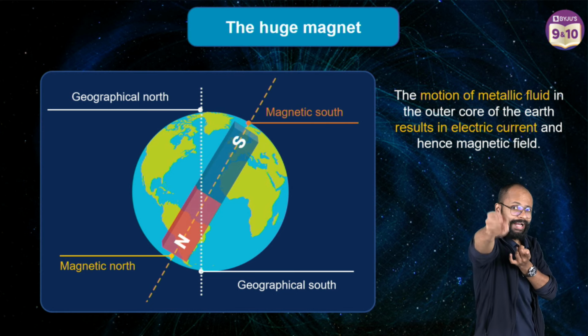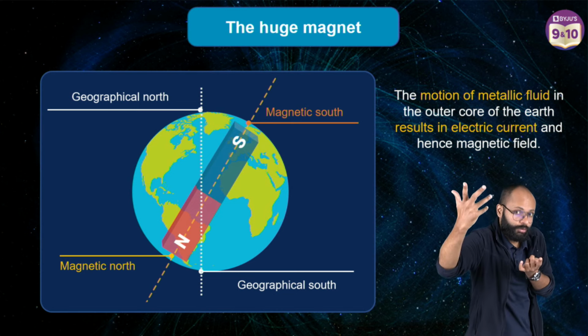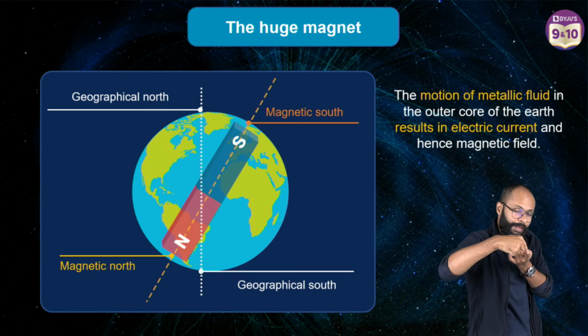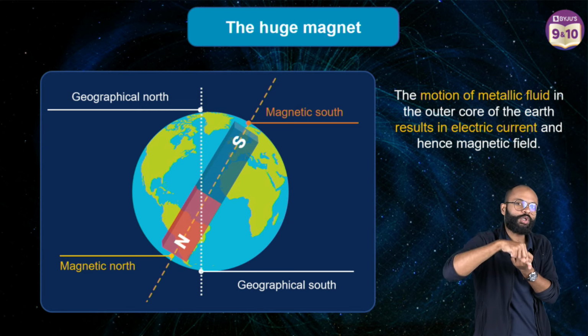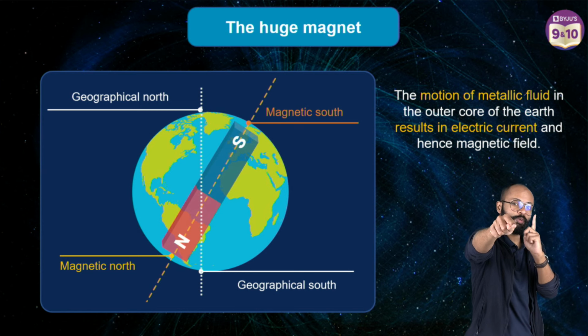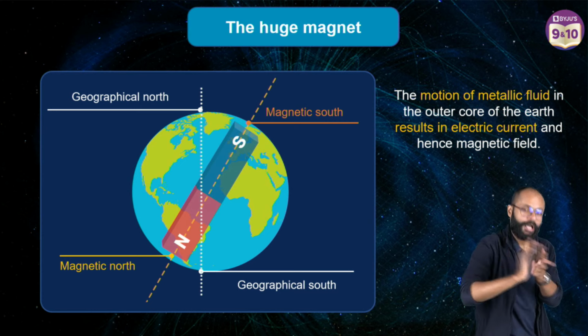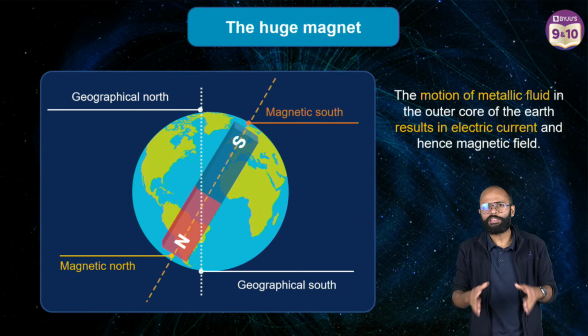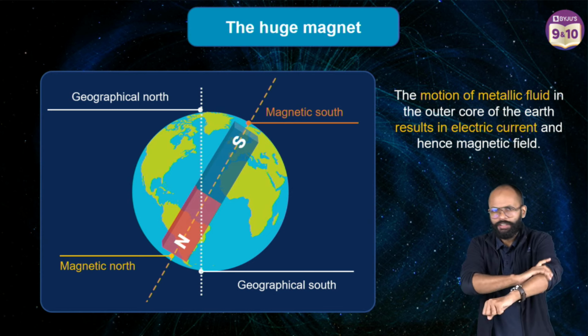If that is actually the north pole, as we know north pole, that should repel this north pole of the magnet, right? If the north pole of the compass needle is pointing towards the north pole of the earth, this north needs a south to be attracted. Means that north is not north. That north is magnetic south. So the north pole of the earth is actually the magnetic south pole of the earth.